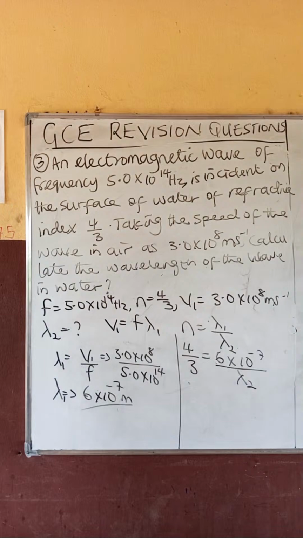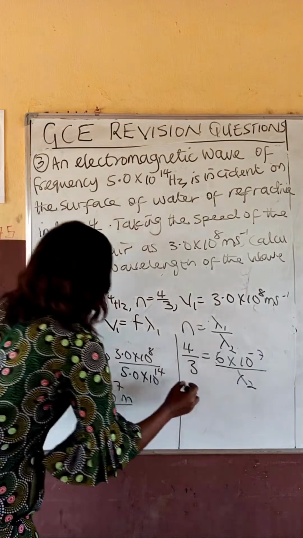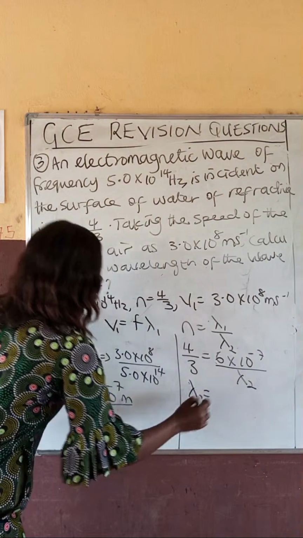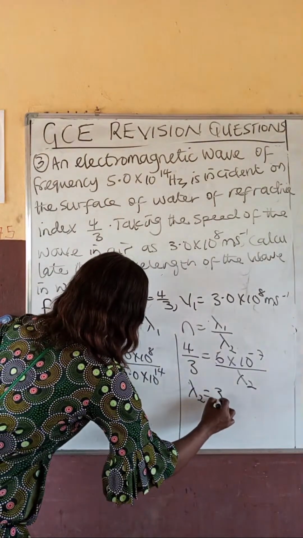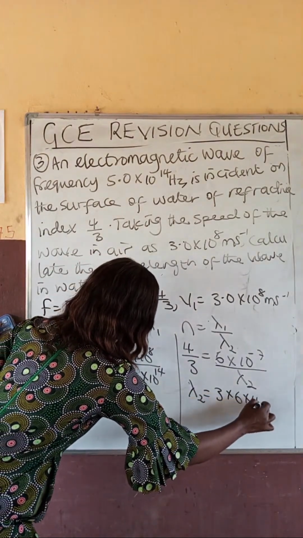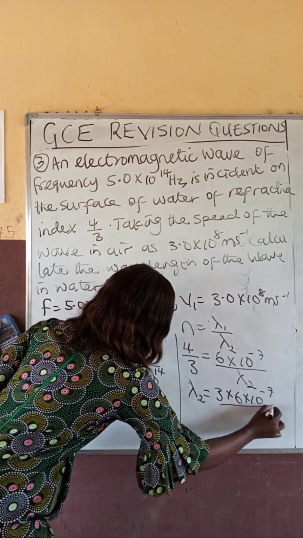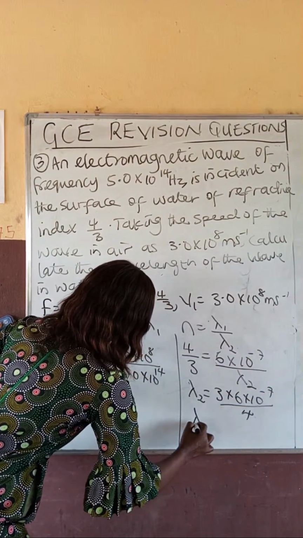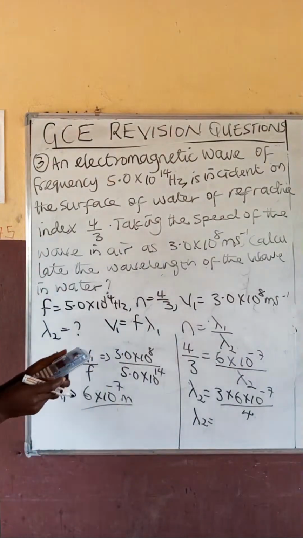So for me to make it the subject, lambda 2 is equals to 3 times 6 times 10 raised to the power of minus 7 divided by 4.